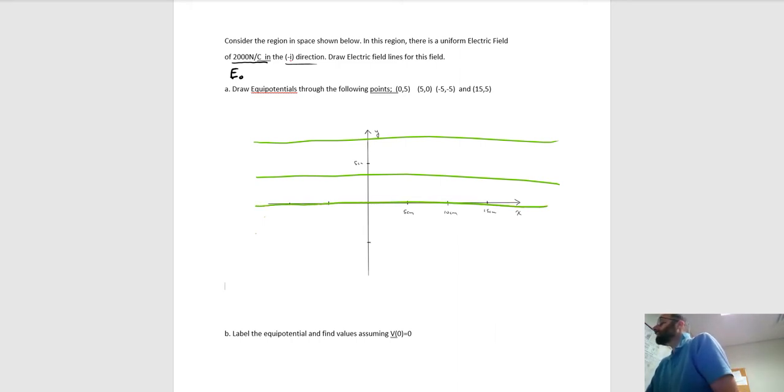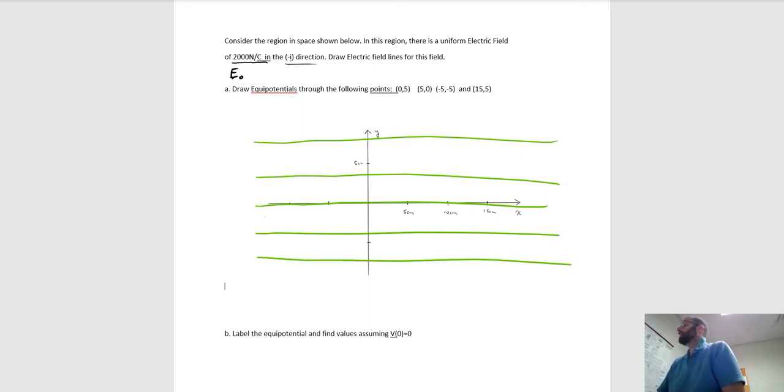Roughly like this. Good enough. And the electric field directions are this way. Now these lines themselves are not vectors. These are just lines that represent the electric field. They're not perfectly spaced, but imagine that these distances are about the same. So the electric field lines might look something like that.